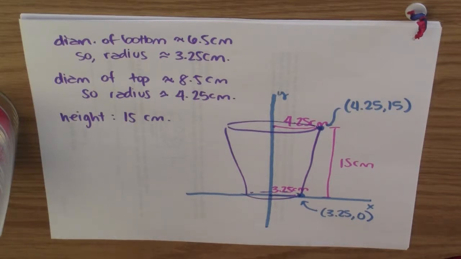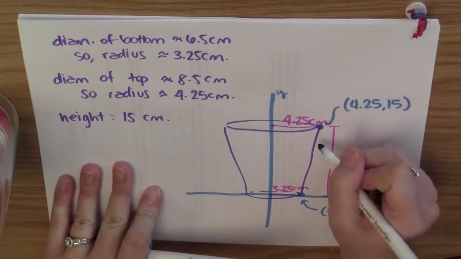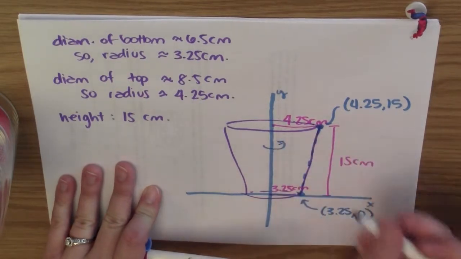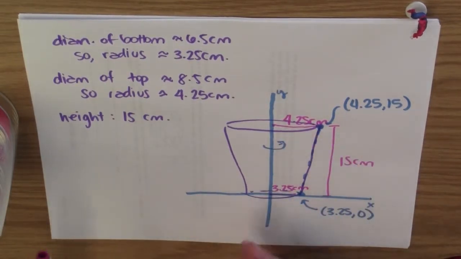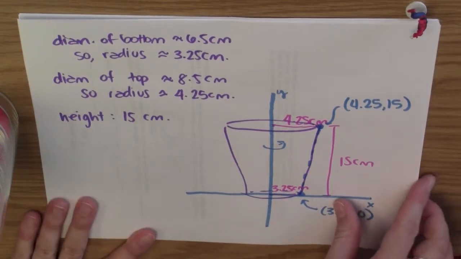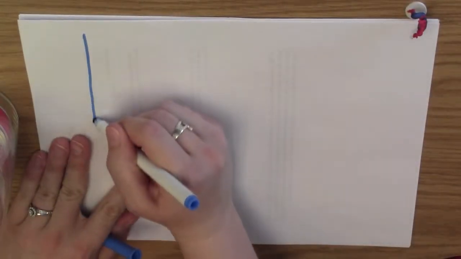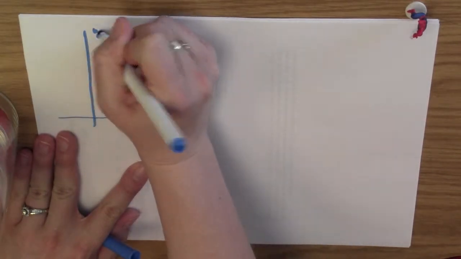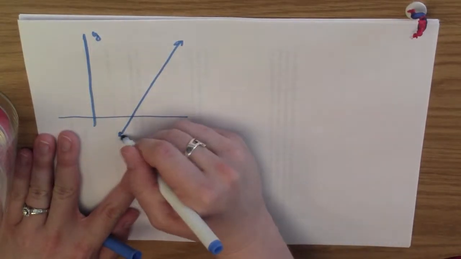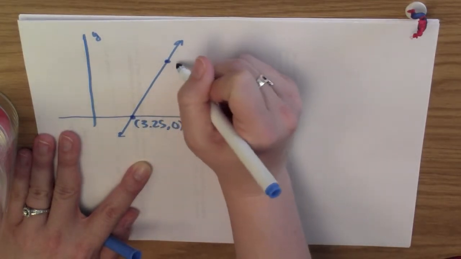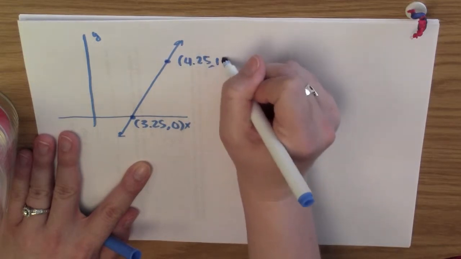So let's take away the picture of my cup. What I want to focus on is just this line, because if I rotate it around the y-axis, this line rotating is going to give me the cup that I want. So I have my x and y axes, and a line that goes through the point (3.25, 0) and the point (4.25, 15).